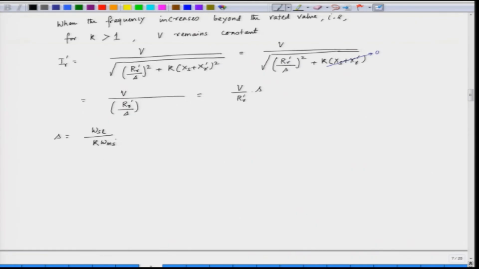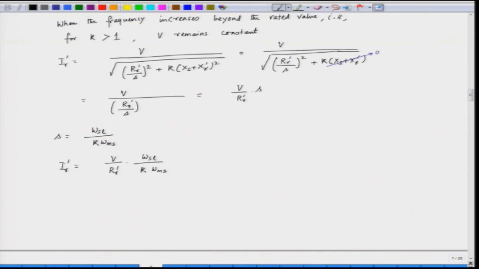So, we replace S by omega s l by k into omega m s, and I r prime equals V by R r prime into omega s l by k into omega m s.